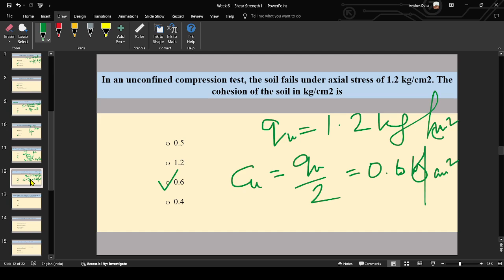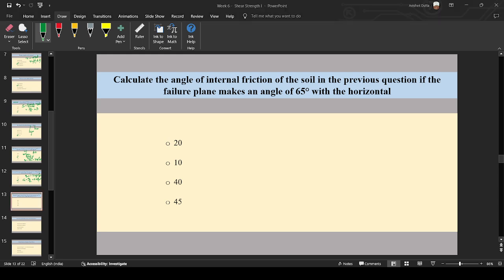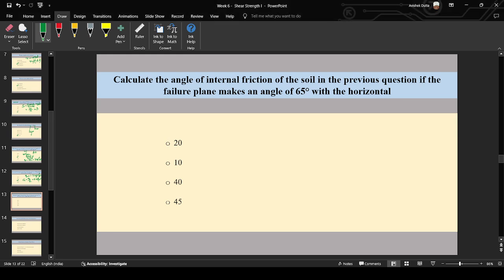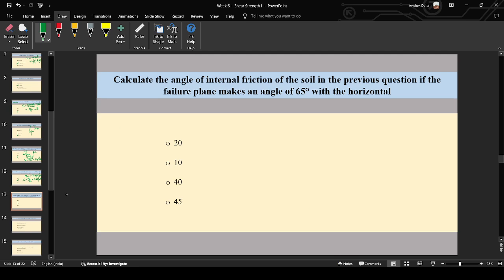Okay. Next question. Calculate the angle of internal friction of the soil in the previous question if the failure plane makes an angle of 65 degrees with the horizontal. Even though it is mentioned in the previous question, for calculating the angle of internal friction, only this is enough. The failure plane makes an angle of 65 degrees.